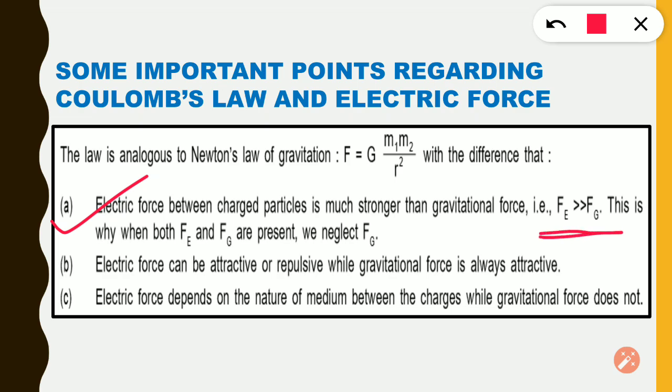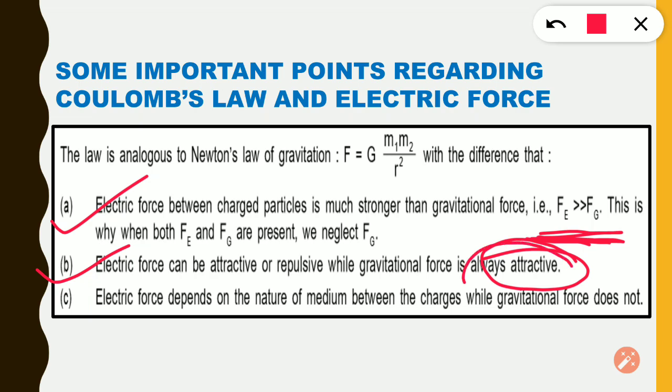What are the differences? Point number one says electrostatic force is very large, much stronger than gravitational force. Electrostatic force is huge in comparison to gravitational force. The second point is gravitational force is always attractive, but electrostatic force can be repulsive or attractive, both.